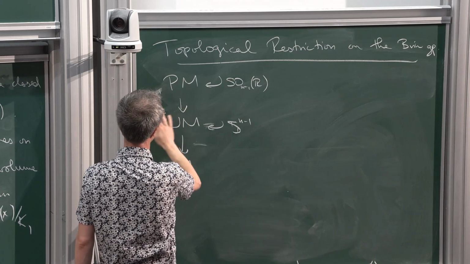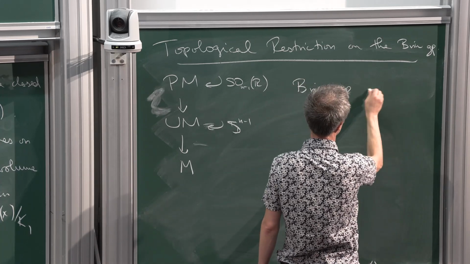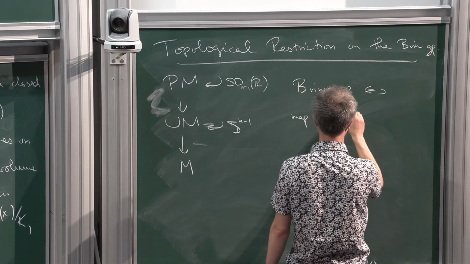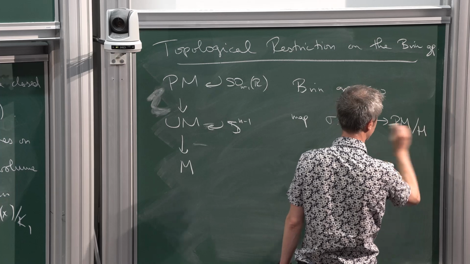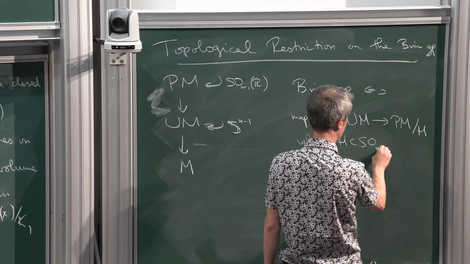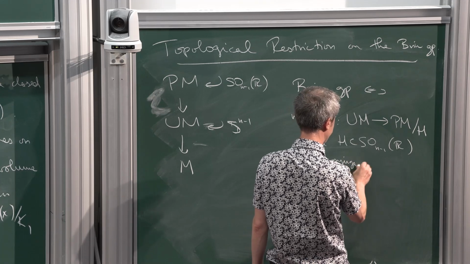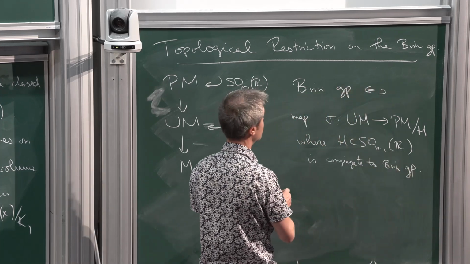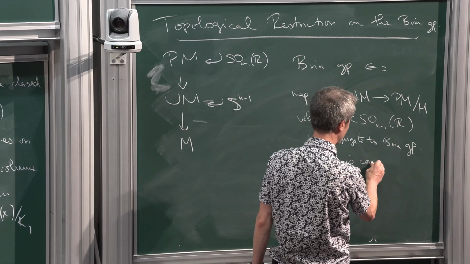So let me call this, the Brin group is essentially the same as a map sigma from UM to PM divided by H, where H inside SO(n-1, R) is conjugate to the Brin group. So this map is continuous. In fact, it's smooth, but we don't need this fact.